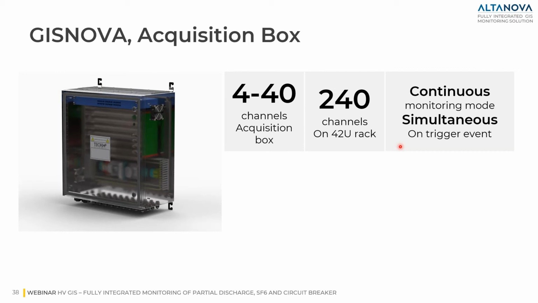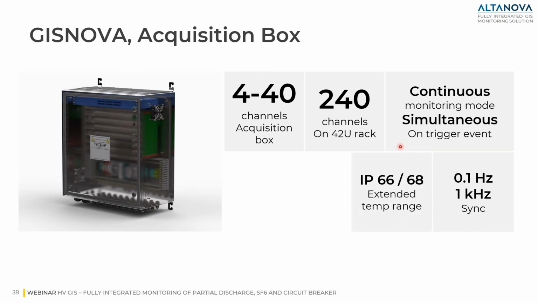So the system is capable of performing continuous acquisition and monitoring, and even simultaneous acquisition on trigger events. The system can be synchronized in the range of 0.1 Hertz up to 1 kilohertz. So it can be utilized even during the GIS commissioning with an external power source, and a frequency far from the nominal one, 50 or 60 Hertz.